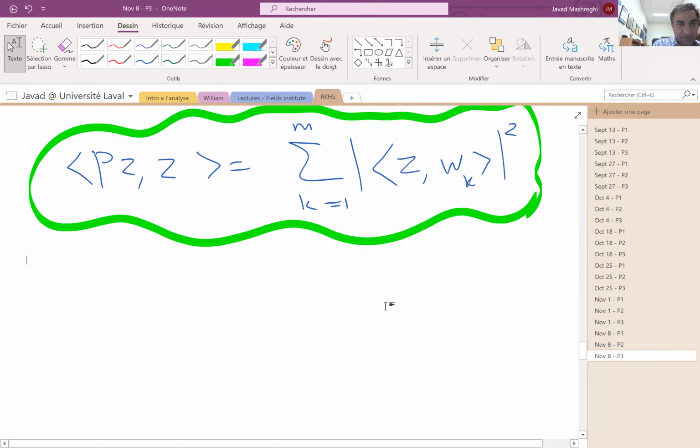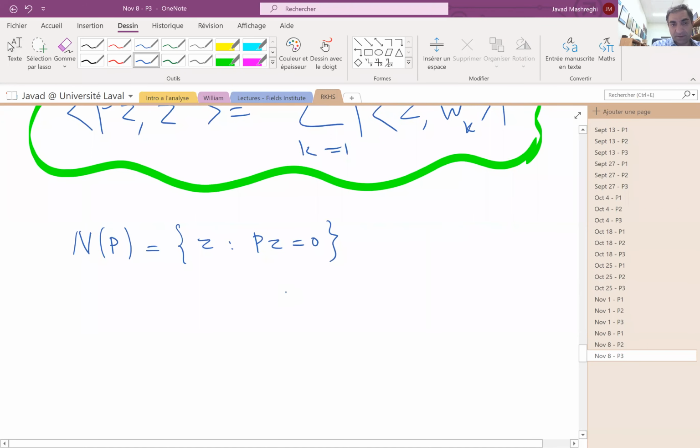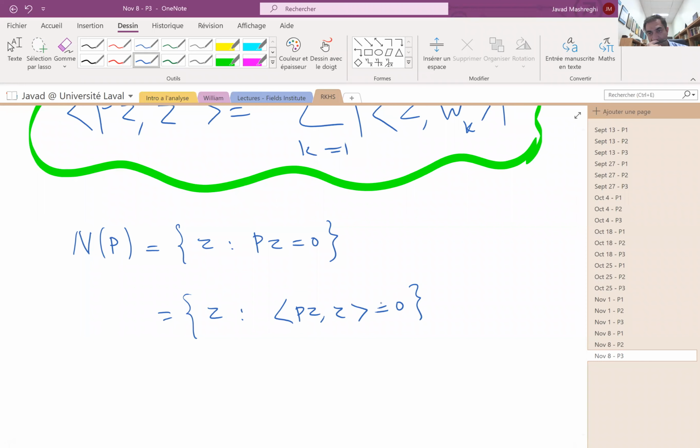So another thing to consider is that the null space of P, which is the set of points z such that Pz is equal to 0, is also the same as the set of points z such that Pz scalar z equals 0.